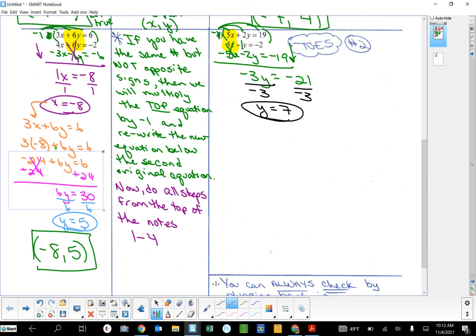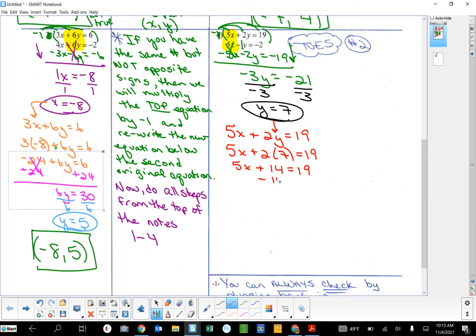All right, my next step, rewrite one of the original equations. So I'm going to go with my top one because it's got all positives in it. And we're substituting for the y. So 5x plus 2 times 7. 2 times 7 is 14.